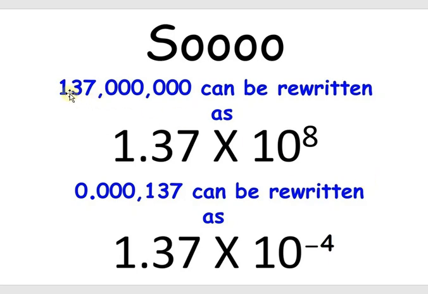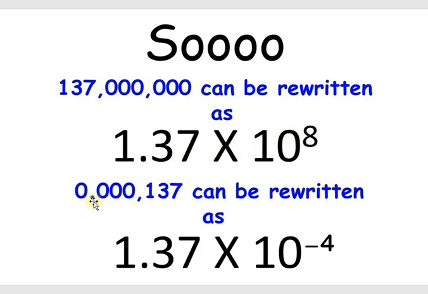If the decimal point comes over here, how many digits can it move? 1, 2, 3, 4, 5, 6, 7 and 8. The decimal can move 8 places, so the power becomes 8. So it becomes 1.37 times 10 to the power 8.